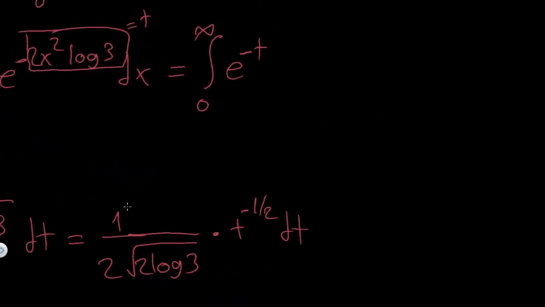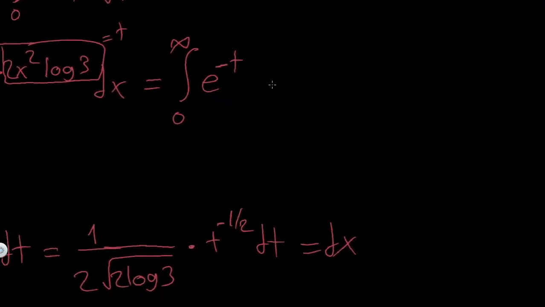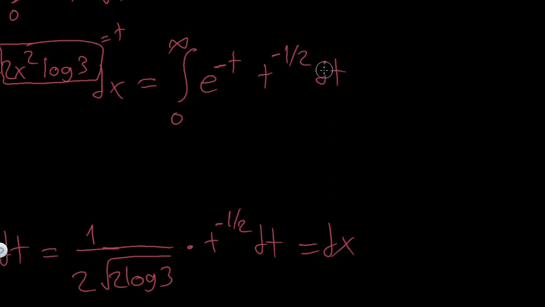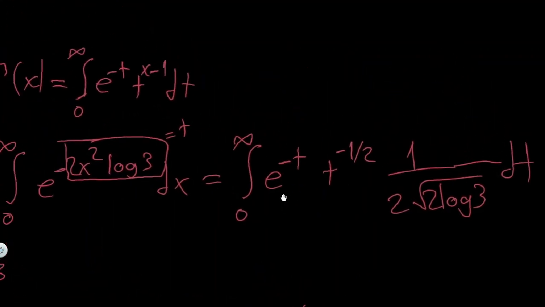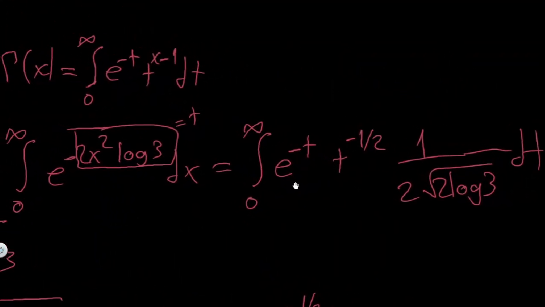I'm just putting in what was equal to dx, and I'm going to get t to the minus 1 over 2 dt. I also have the constant part, so I have 2 log 3 dt.